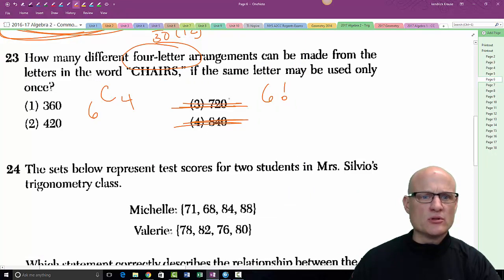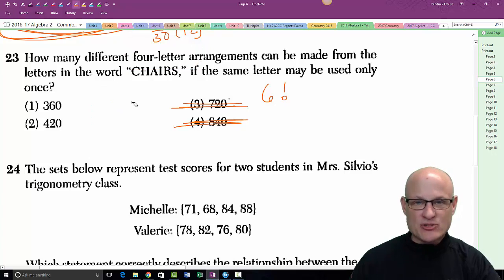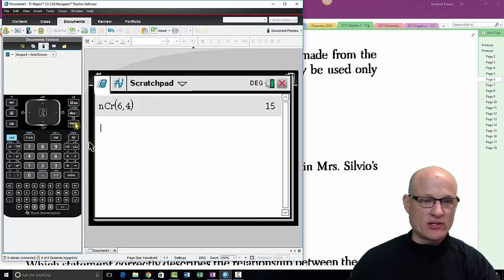Whoa, whoa, whoa. How many different? Oh, this is not choose. Because each arrangement is different, it's not C, it's P. So there's actually 6P4. I'm surprised I didn't have that as the wrong answer. I could have been really messed up.